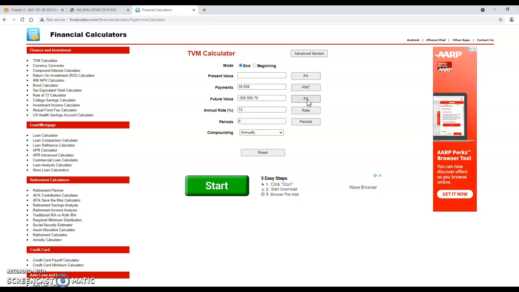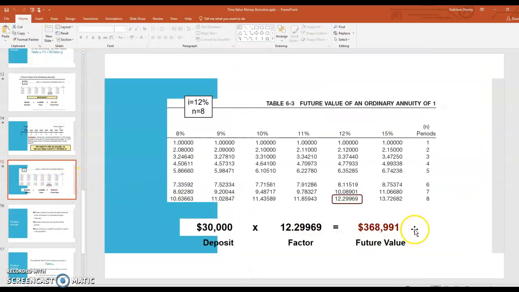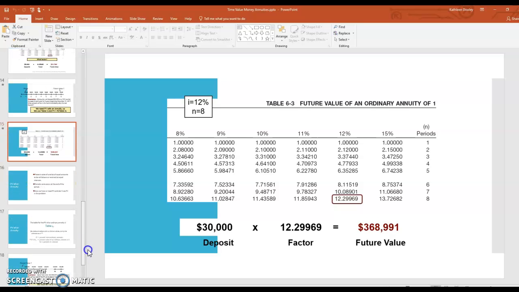We want to know the future value, that's $368,991. And that's what we got when we calculated it out using the tables. So those were two problems when we wanted the future value.